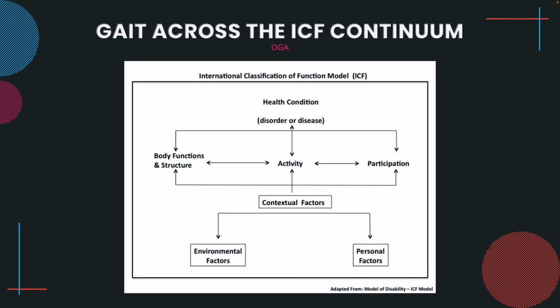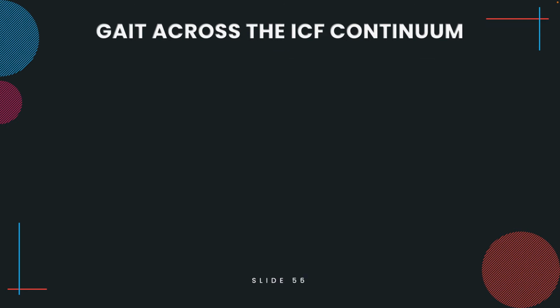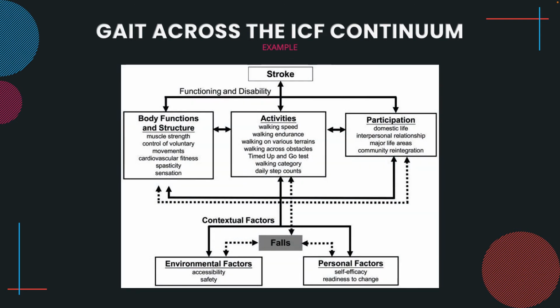So we started out by looking kind of at the trees of walking, and we're going to zoom out now and kind of see the forest by looking at our ICF model. And so if we're looking at walking as an activity goal, we're going to want to know the context of how it fits in their life. So we can see an example of maybe somebody that has had a stroke.